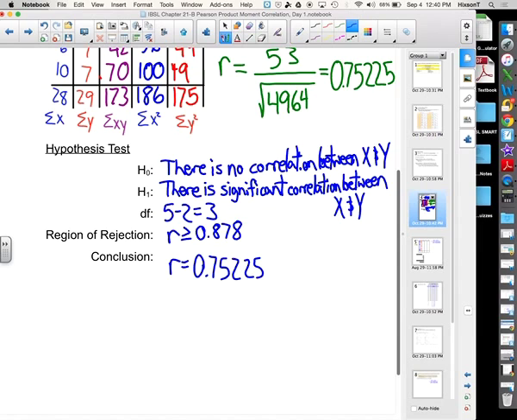0.75225. Okay? That is outside the region of rejection. Therefore, we will accept H sub naught. Or we will not reject it at least. We're going to accept that there is no significant correlation.